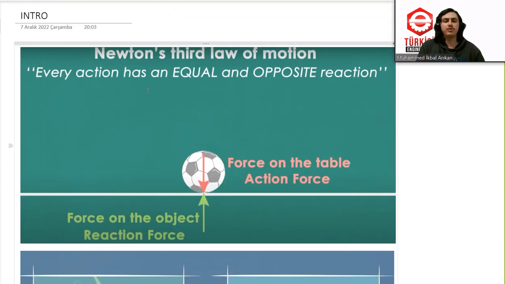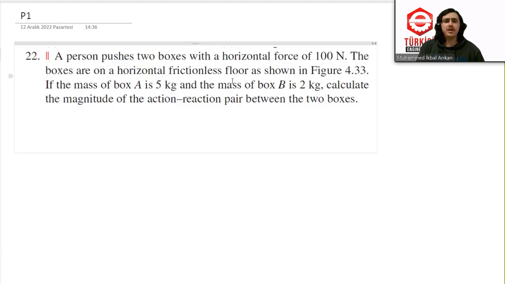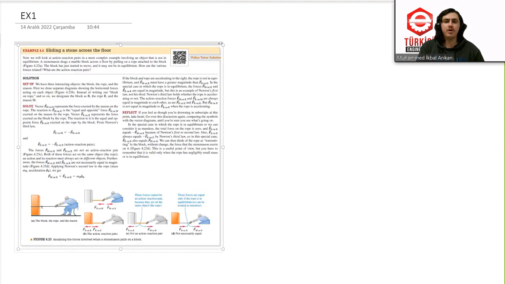And what about the fifth part, which is the third law? Actually, just knowing that every action has an equal and opposite reaction will be enough. But you can see this problem, so as a homework you can solve it by yourself. It's just an application or example for normal or reaction forces and third law.